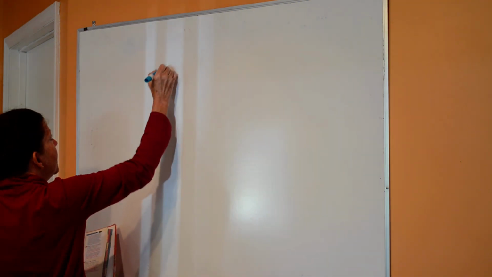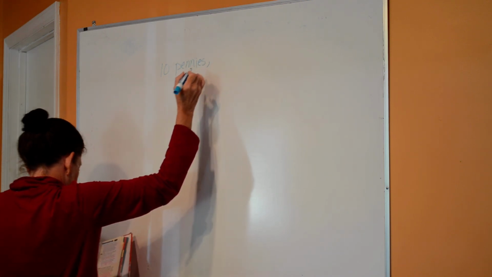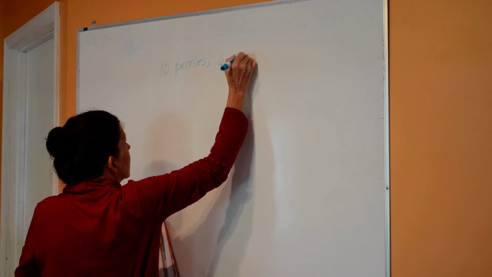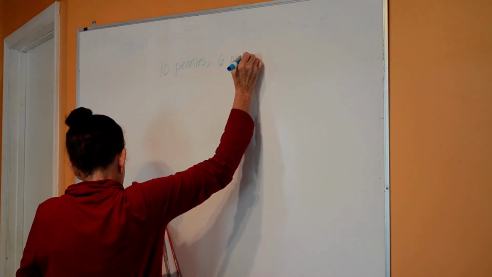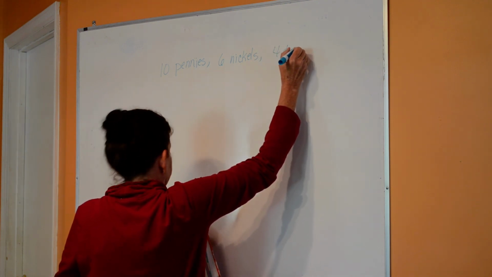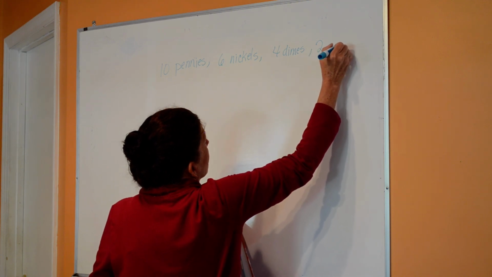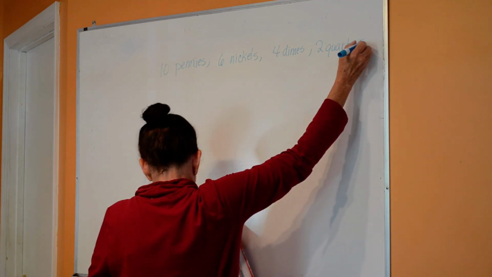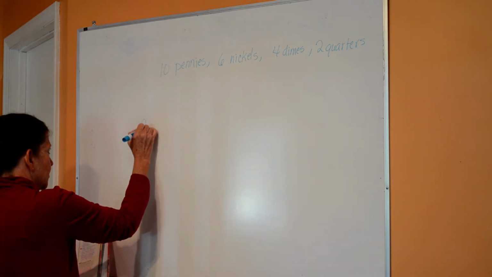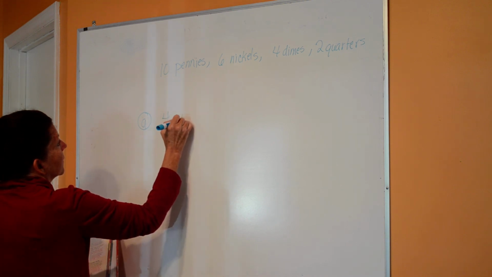She has 10 pennies, 6 nickels, 4 dimes, and 2 quarters. Okay, the first part of this says how many different ways can she select 4 coins.